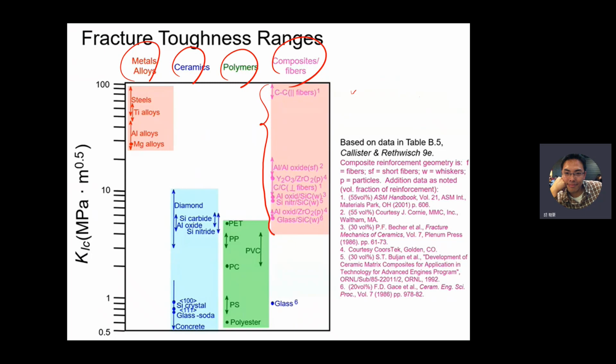For example, we can have a higher ratio of glass fiber in epoxy. So just one question: if we have a higher content of glass fiber in epoxy, will its fracture toughness K1C reduce or increase, and why?